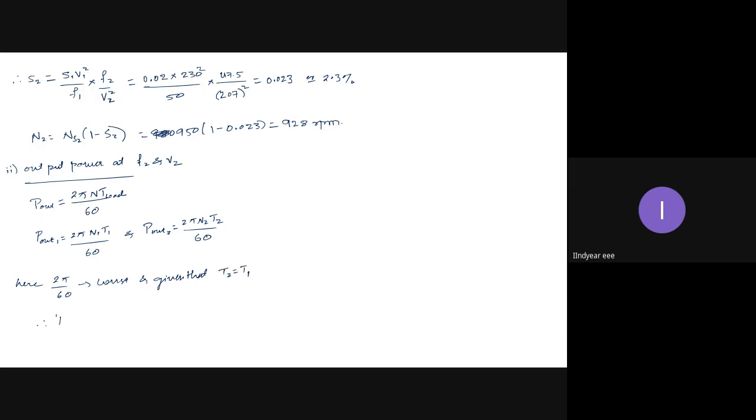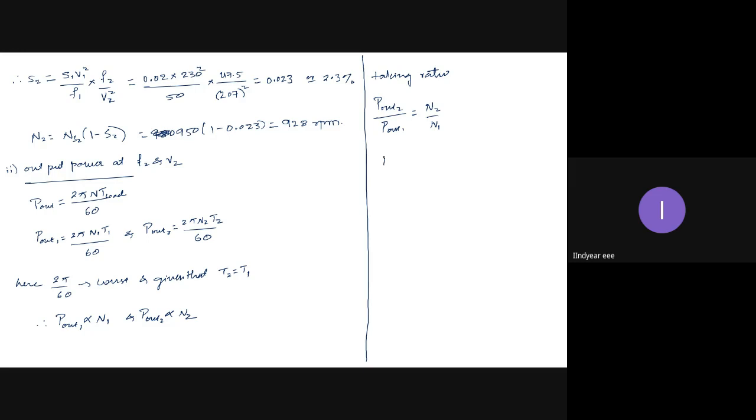Therefore, P out 1 is proportional to N1 and P out 2 is proportional to N2, because all other things are remaining constant. Taking ratio, I can write P out 2 by P out 1 is equals to N2 by N1.